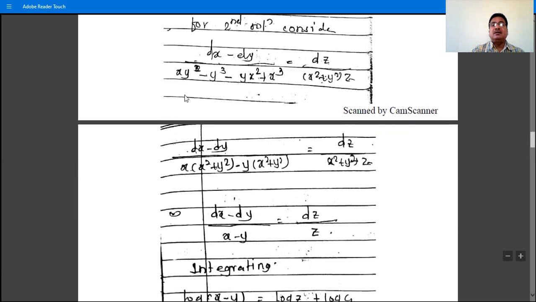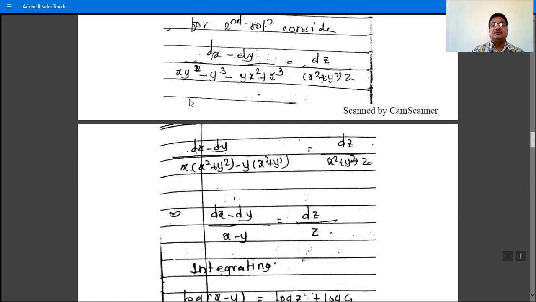Then take y as common, so we have x square plus y square. Take x as common, so we have x square from x cube and x y square from this term.